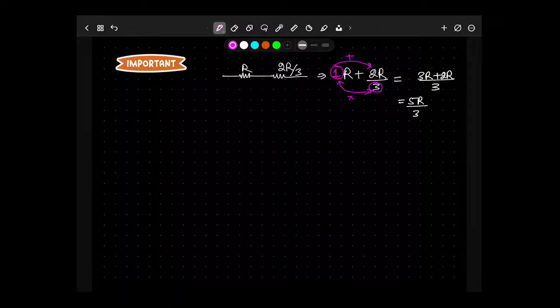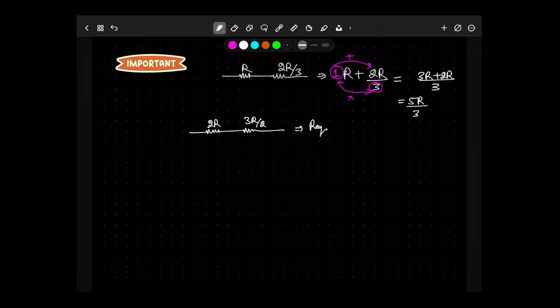For example, if somebody asks you that this is 2R and this is 3R by 2, what will be the R equivalent?